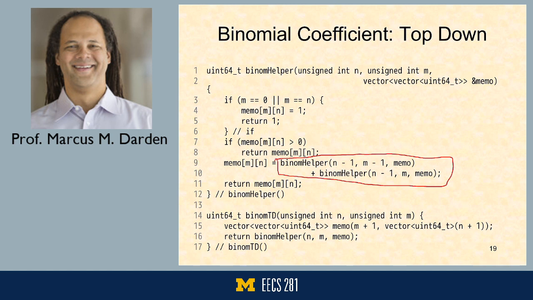So rather than just returning that, I'm going to stick it in a memo first. I stick it in a memo, and then I return it. And of course, in lines 7 and 8, there's my check to see, hey, if this thing is greater than 0, looks like somebody's already written in there, let's go ahead and return that instead of calculating it. So this makes that top-down version much nicer, much faster.